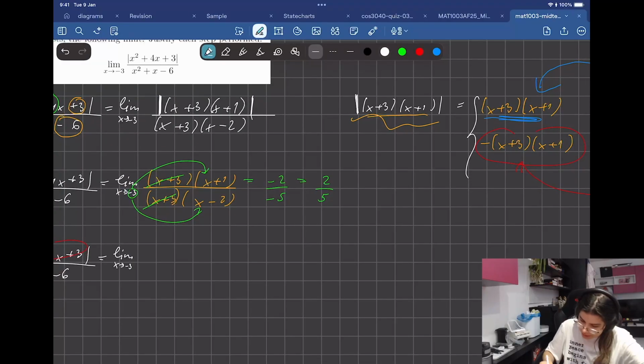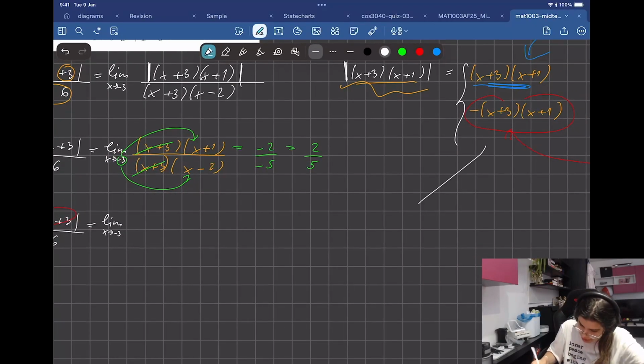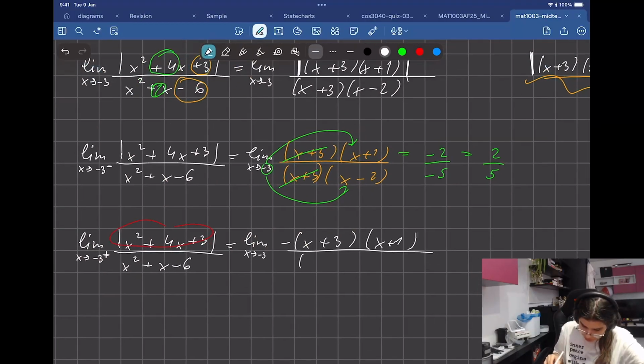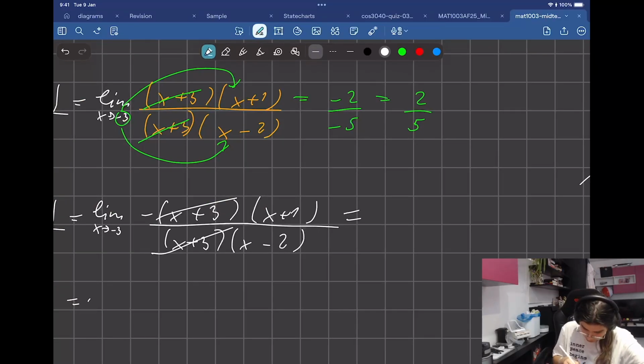Okay, so instead of the modulus here, I'm going to have that expression, which is minus x plus 3 times x plus 1 over the denominator. We already factored it out, so it's x plus 3 times x minus 2. And then I again cancel these two guys out. And I'm left with the limit as x approaches minus 3.